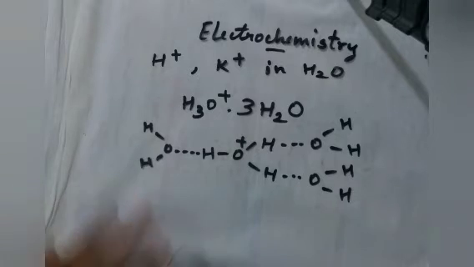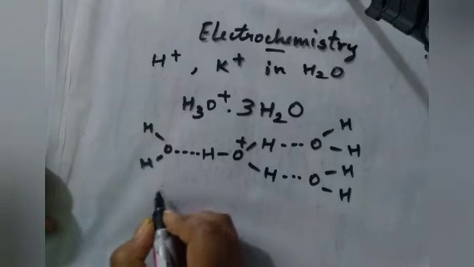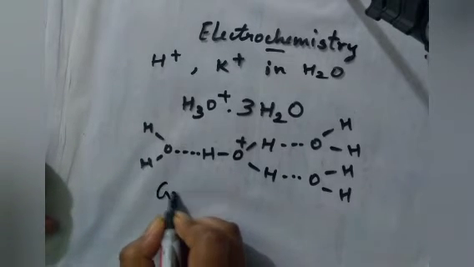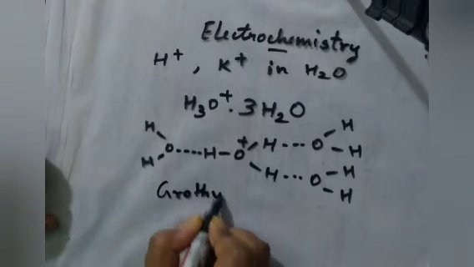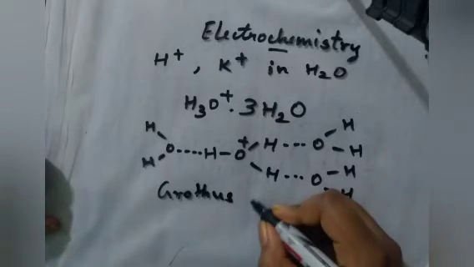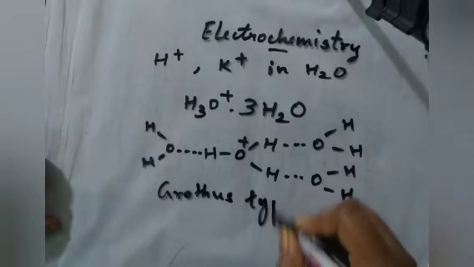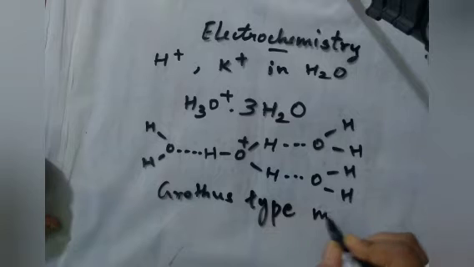So this structure can easily explain to us the greater ionic mobility of H plus ions. This can be explained by a mechanism called Grotthuss type mechanism.